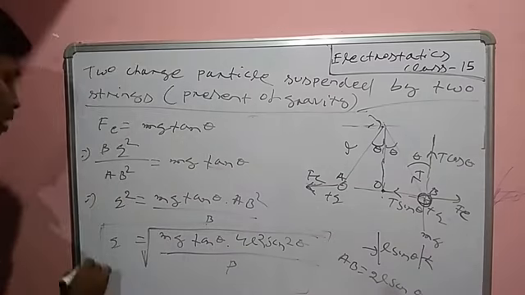So for equilibrium we can write F is equal to T. F is equal to beta q square by 4L square.